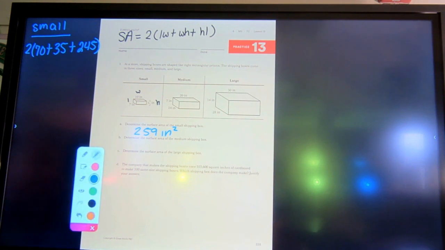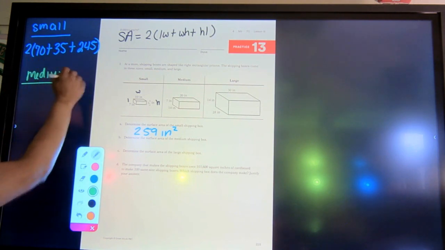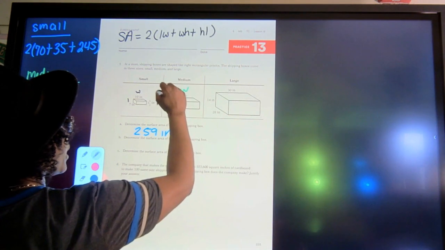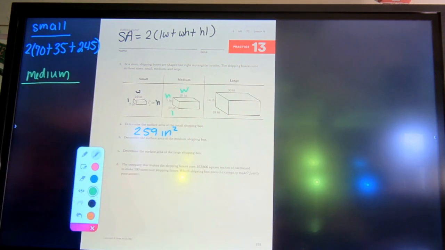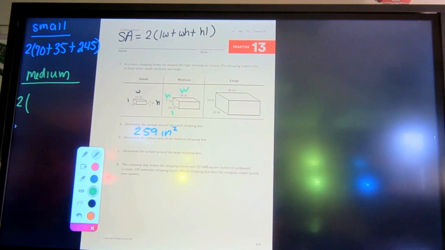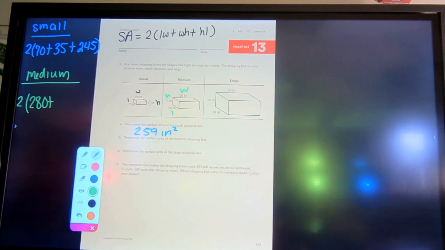Next, we have the medium box. So for our medium box, we're going to do this as the width, height, and length. Keeping with the same formula that I wrote up there, we have length times width. In this case, that's 14 times 20, which gives us 280. Plus, the next one we have is width times height.